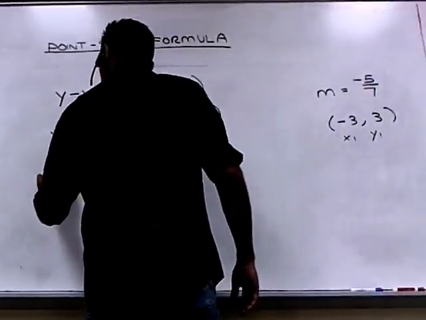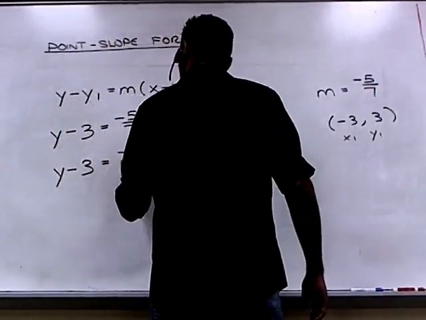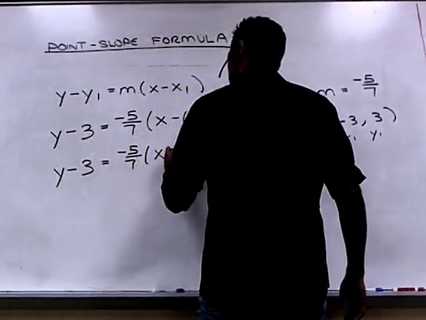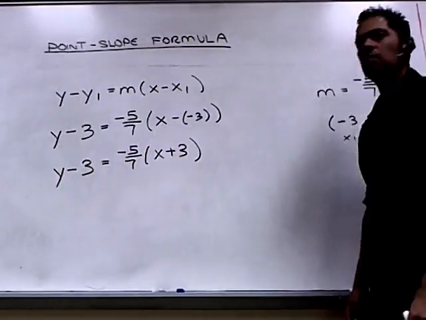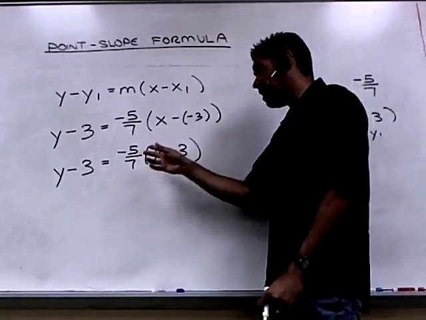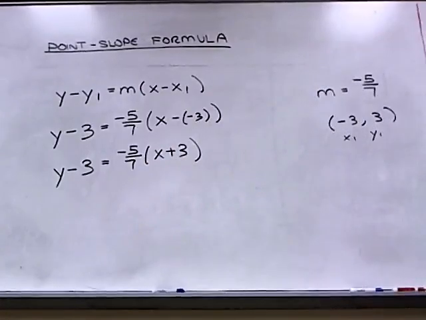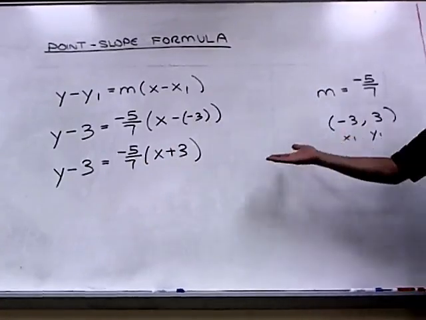So we have y minus 3 equals -5/7 times x plus 3. Now that does not look like the answer we got, does it? Not yet? Right, didn't we have -5/7 x plus 6/7? That was our answer? Okay, that's not there yet, is it?